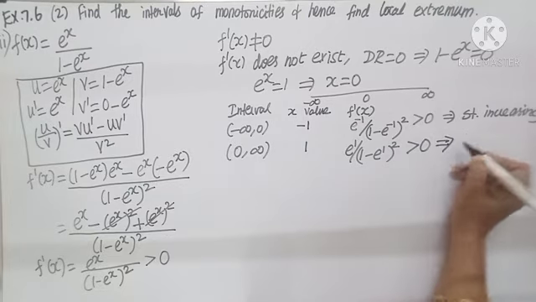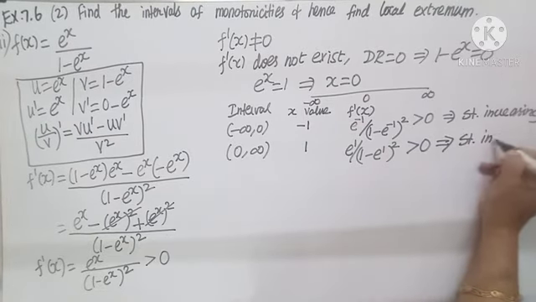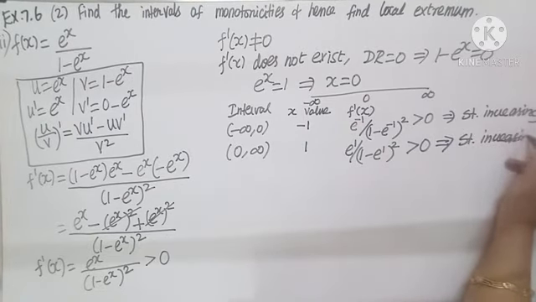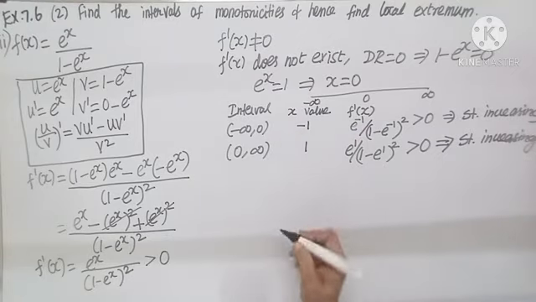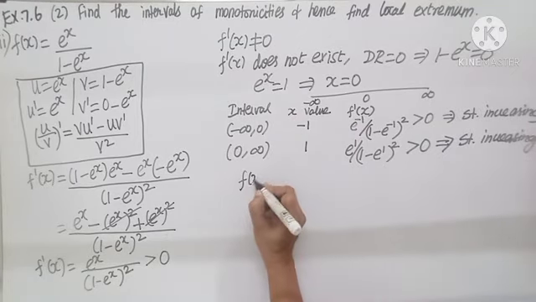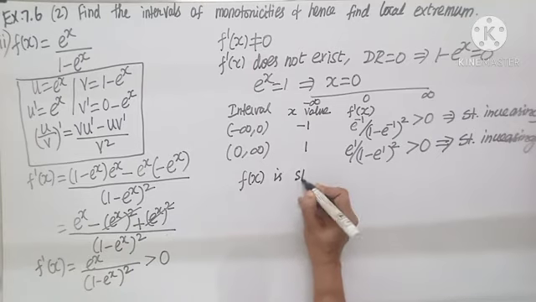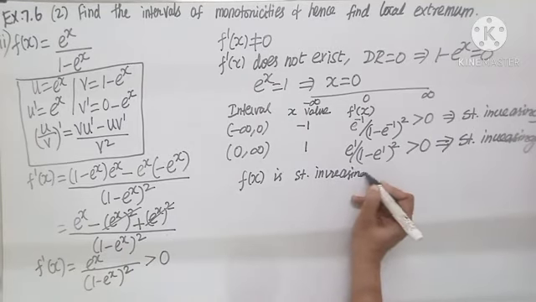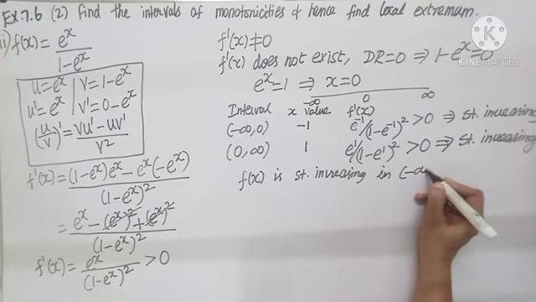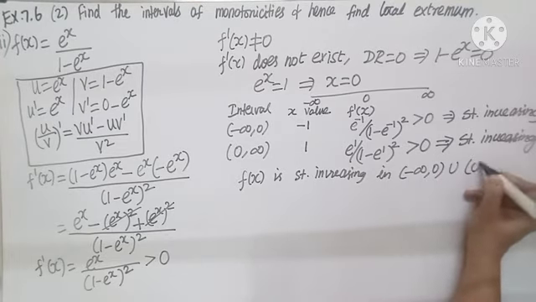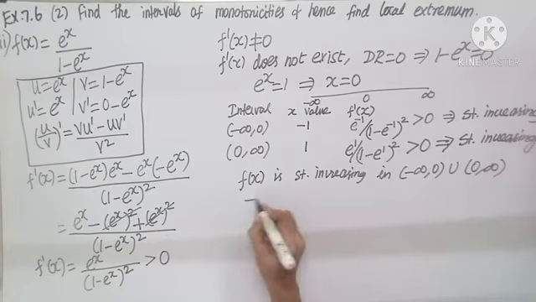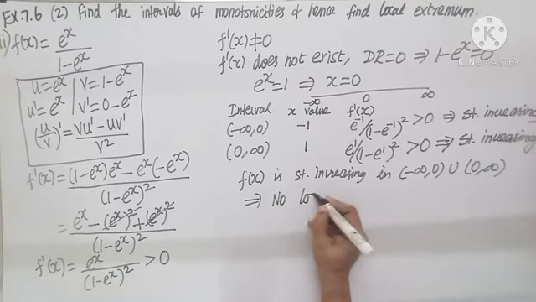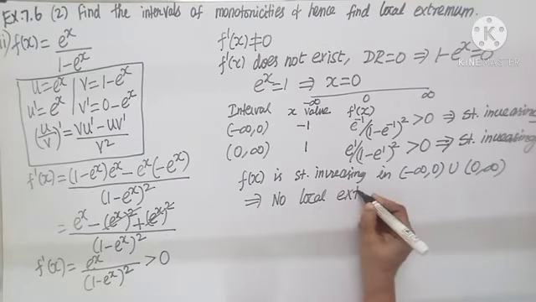Now also positive. So say strictly increasing. So in both the intervals it is strictly increasing and therefore there is no local extremum. f of x is strictly increasing in minus infinity to 0 and 0 to infinity, implies no local extrema.